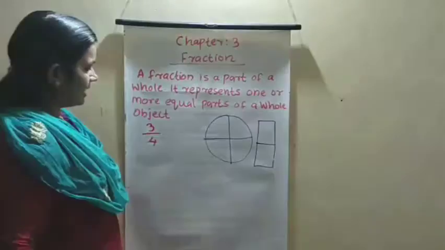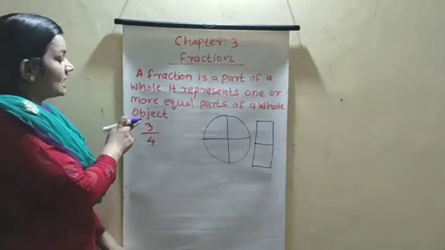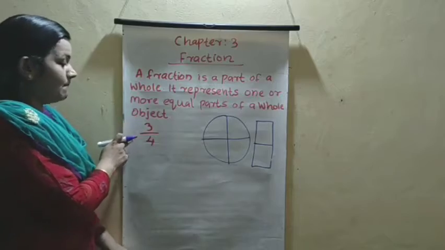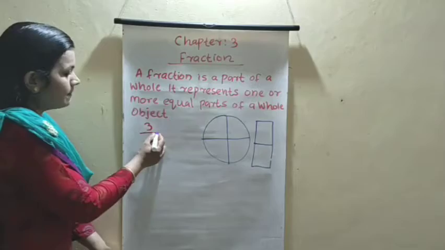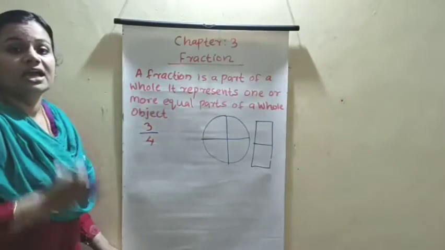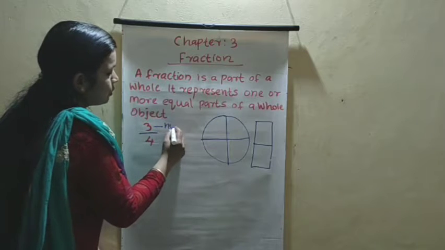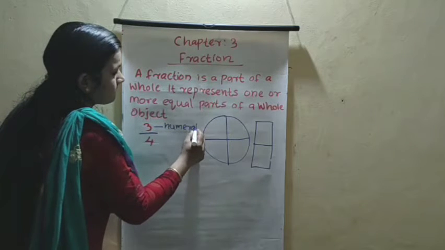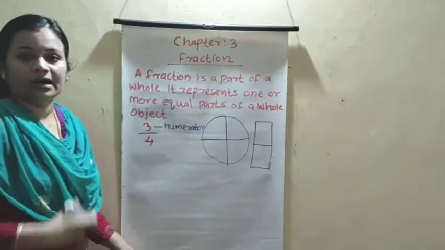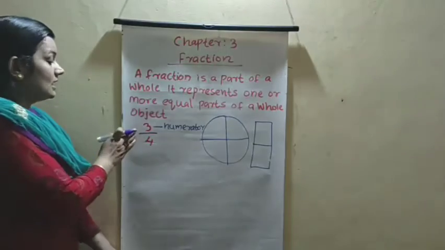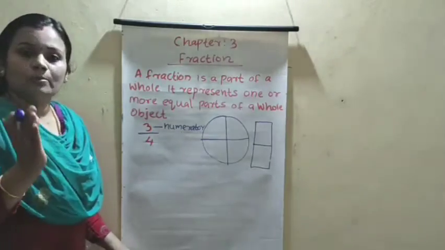We say that the number above the line is called the numerator. This is the numerator. The number above the line is called the numerator.